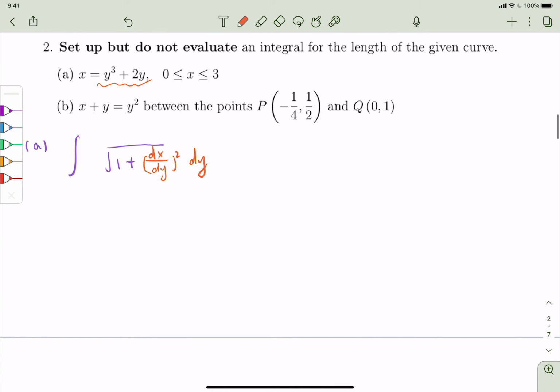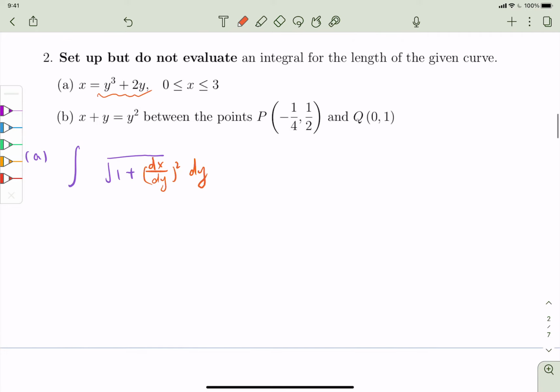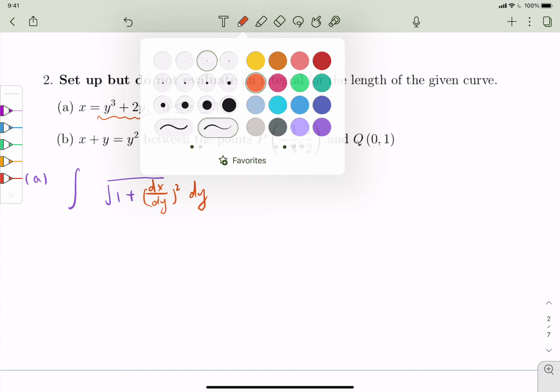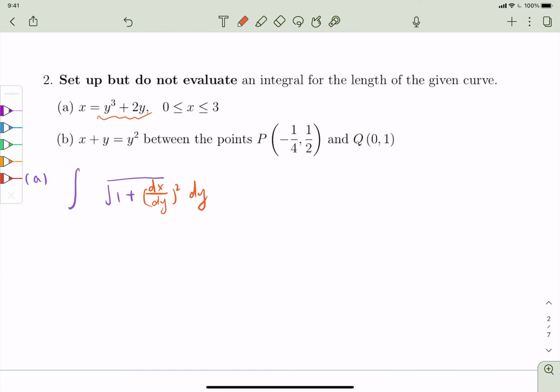And because the integration is in terms of y, it means that we need to find the bounds in terms of y. The given bound is the bound with respect to x. We couldn't use that because now the integration is in terms of y. Now how do we do that? We substitute this 0 and 3 into this expression here to find the corresponding y value.